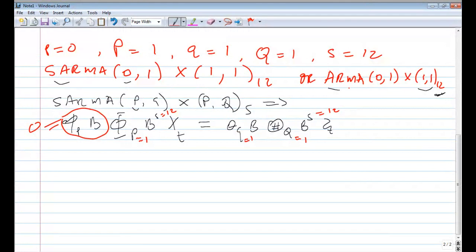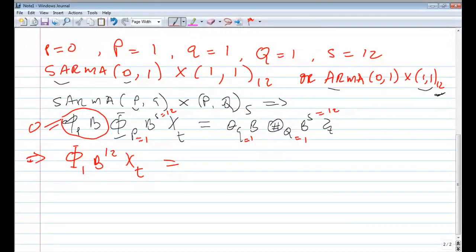This implies that you are going to have capital phi 1 B to the power 12 x_t on the left hand side. Are we together? On the left hand side, we don't have phi p(B) because p is 0.